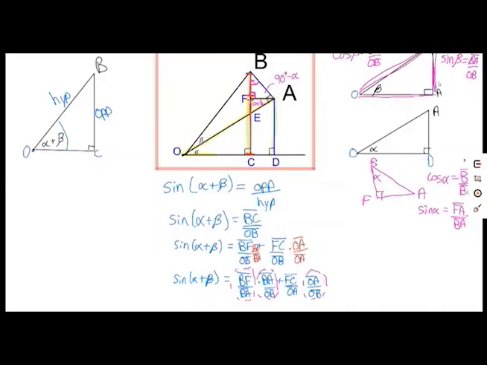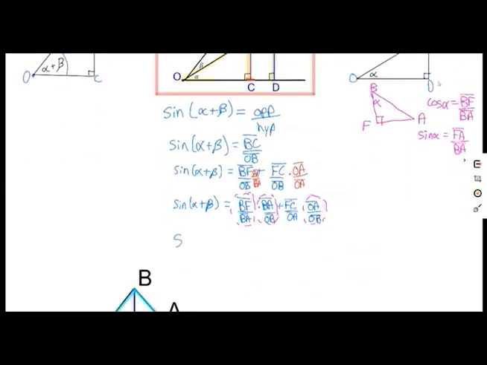But what I want to look at in that picture is that FC is equal to AD. And so I'm going to make a little switch in our formula here. Actually, I'll just leave all these ratios the same for now. We'll switch them on our next step.